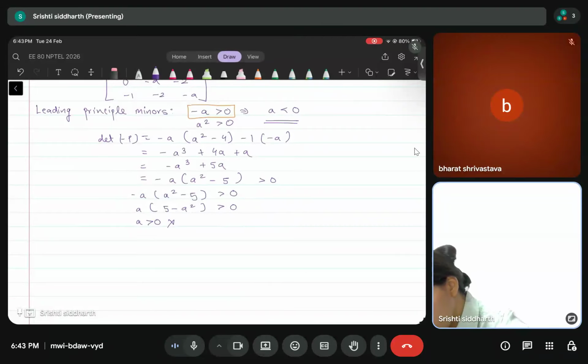So for this to be true, we have 5 minus a square should be less than 0.